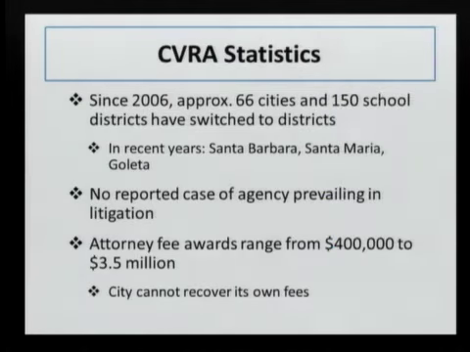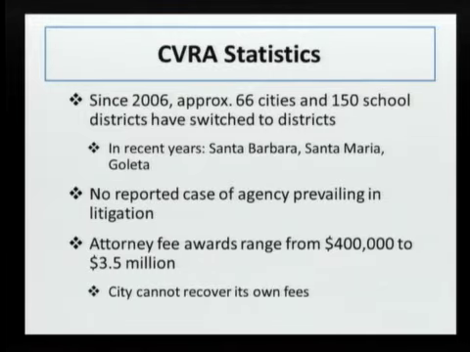So some statistics that are important to bear in mind when considering options under the CVRA after receiving a notice. Since 2006, approximately 66 cities and 150 school districts have transitioned to district elections in California. A majority of the cities have done so after being prompted by a notice of violation.